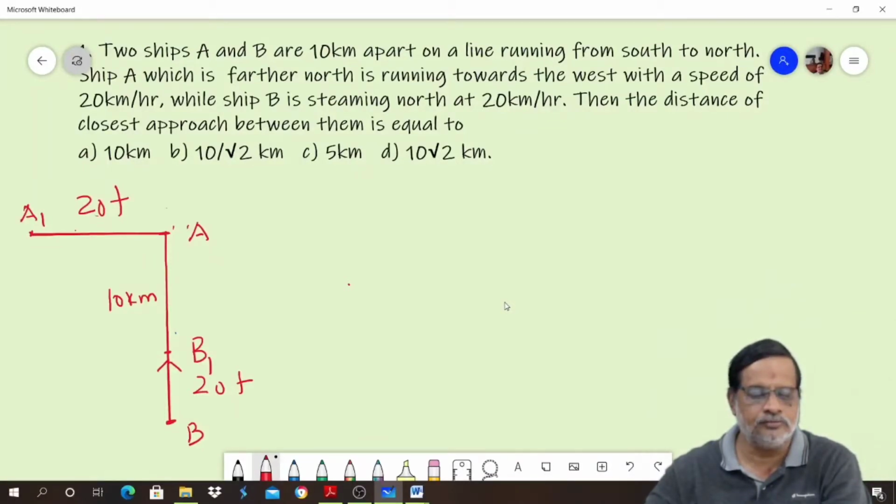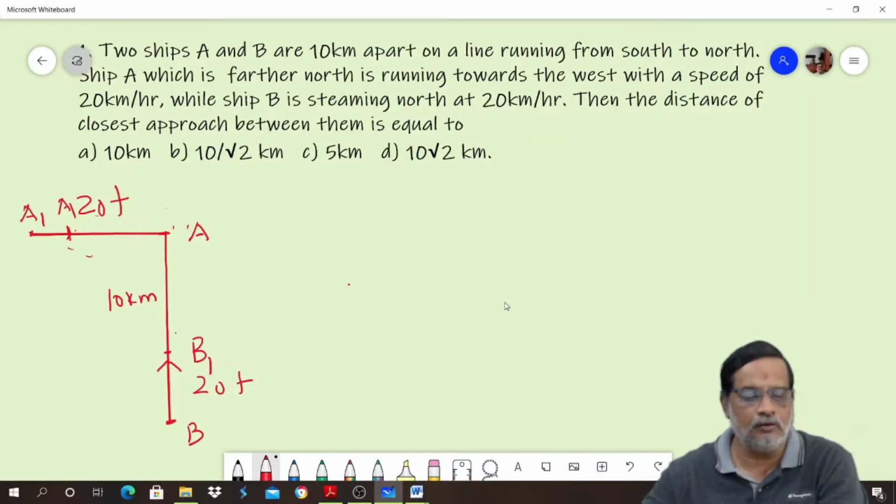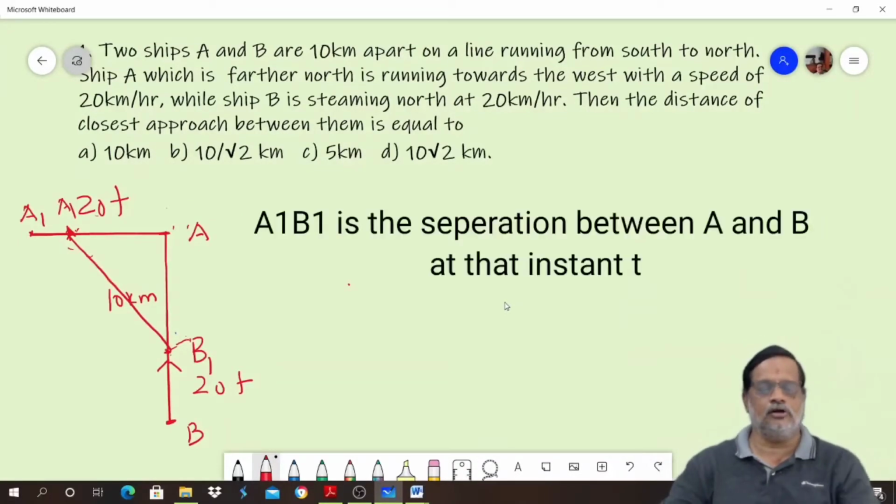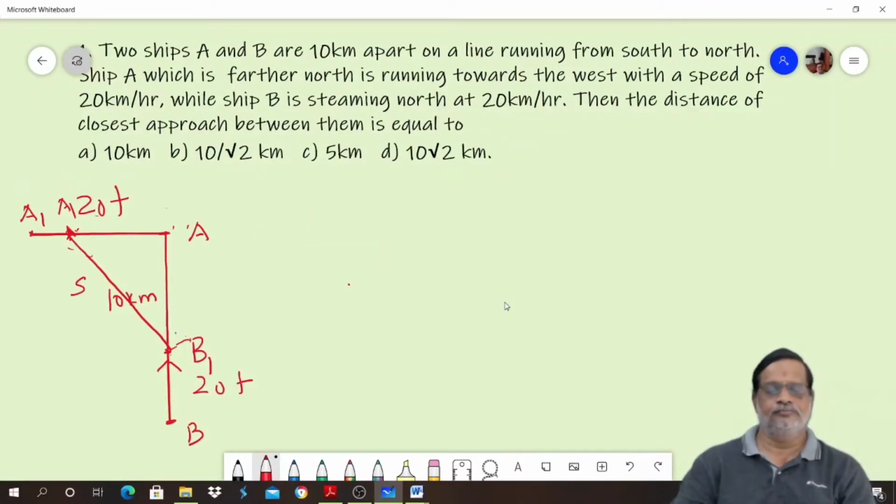So this is our A1, and therefore this is the distance of our closest approach. Let us call this distance S.